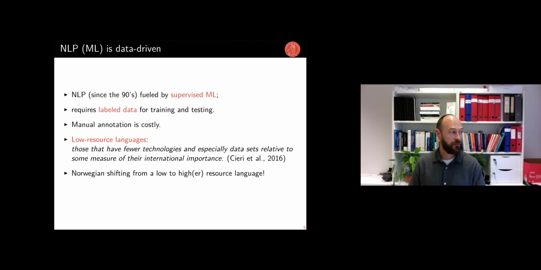Okay, so without trying to be too specific about the international importance of Norway, it's still fair to say that at least 5-6 years back, Norwegian could certainly be said to be a low resource language. For the last 5 or 6 years, luckily Norwegian has started to shift from being a low resource language into being, if not a high resource language, at least a higher resource language than what it used to be.